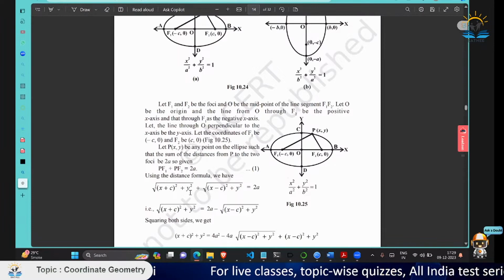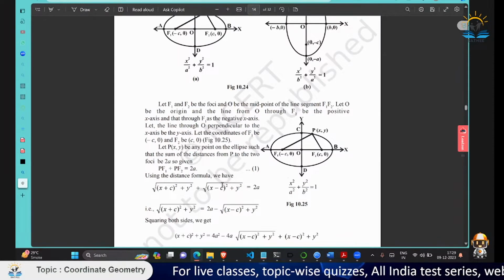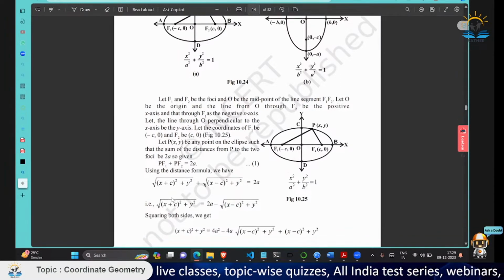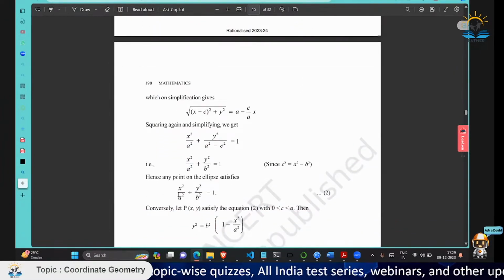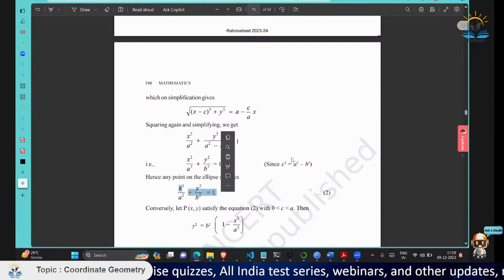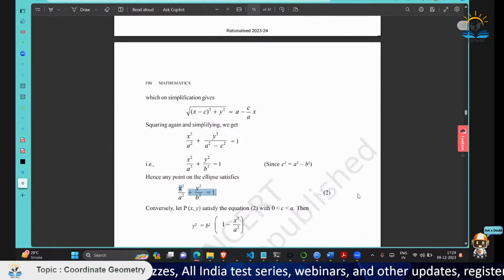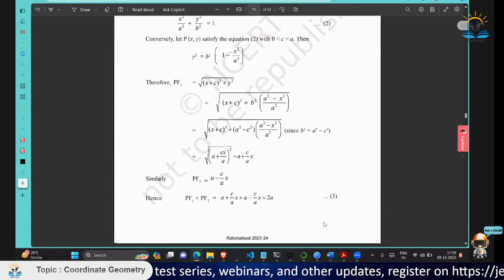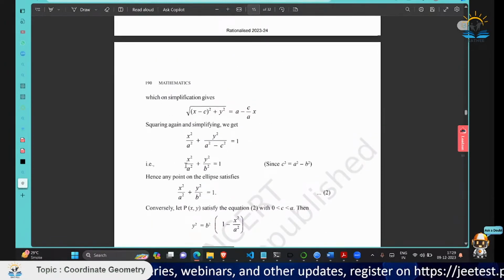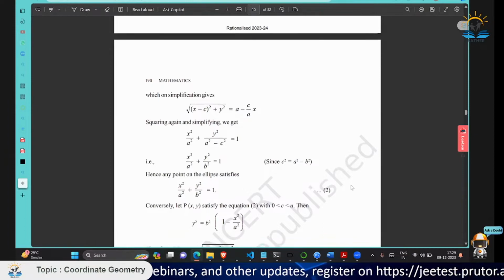So when we write the expression using the distance formula and solve it, it will give us this equation: x square upon a square plus y square upon b square is equal to 1. This equation has to be remembered by heart. In any case, you should not forget this.